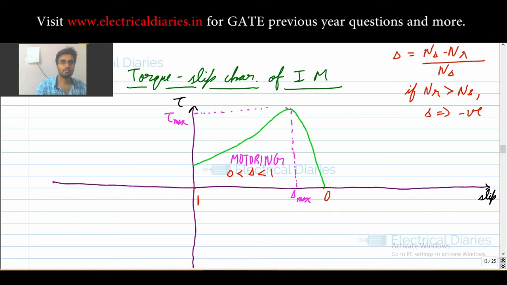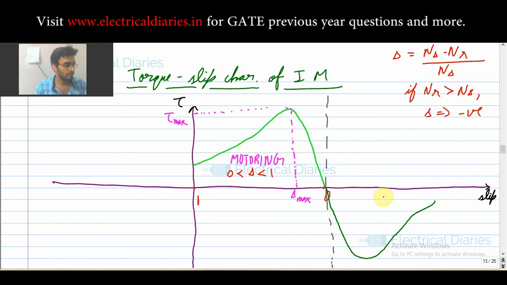We will draw a straight line to demarcate the boundary. In this region the induction machine was acting like a motor, and in this region the induction machine will act like an induction generator.